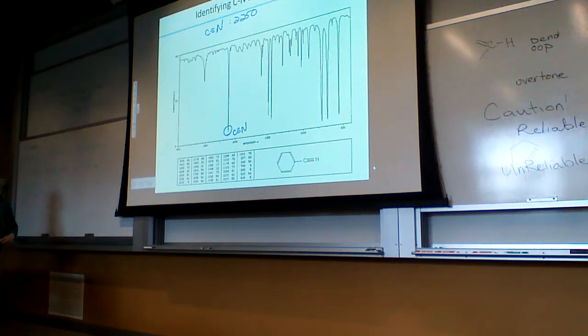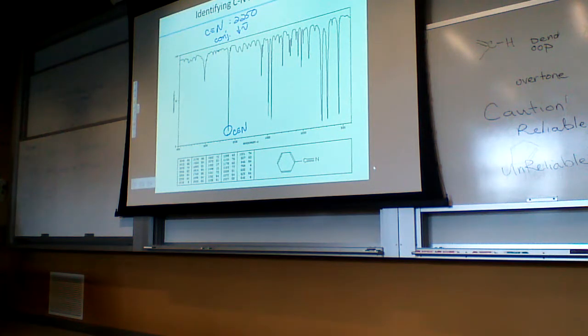Based on the trends we've seen already, if that was conjugated to something, what's going to happen to the stretching frequency? Up or down? Down. So, conjugated is going to take the stretching frequency and push it down.